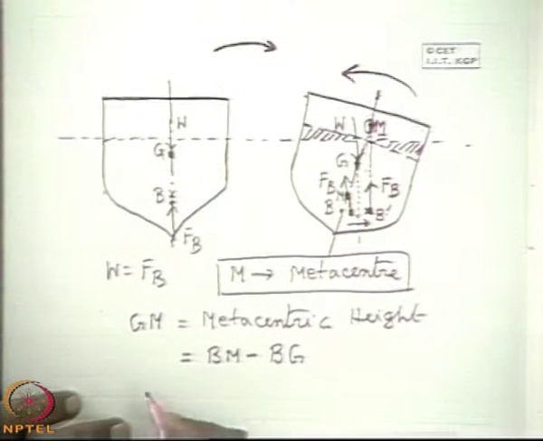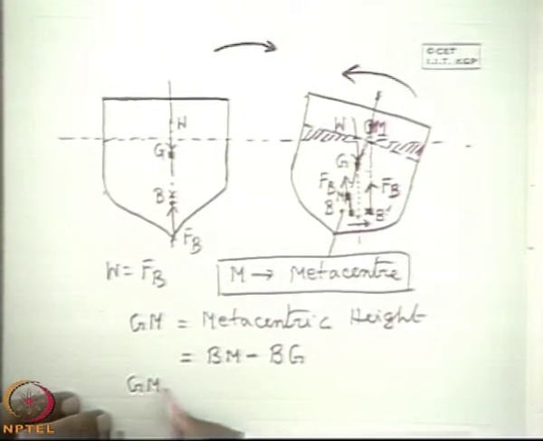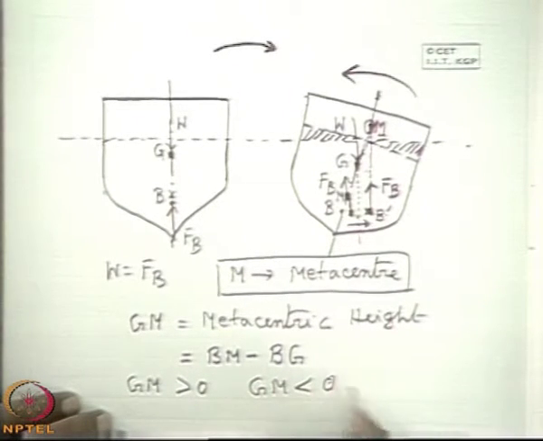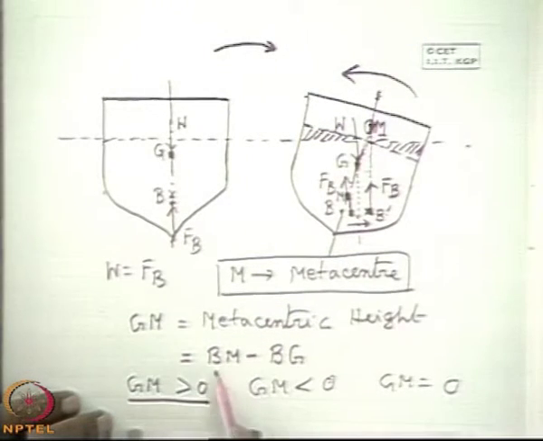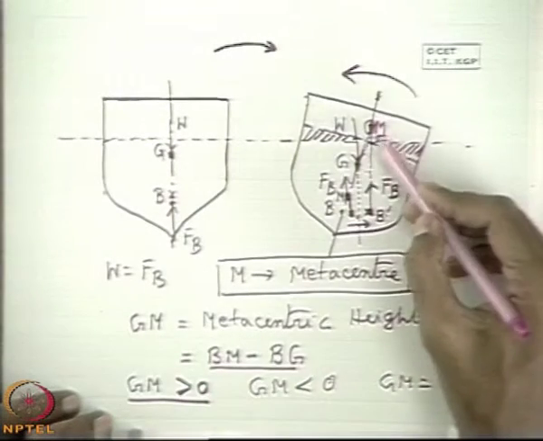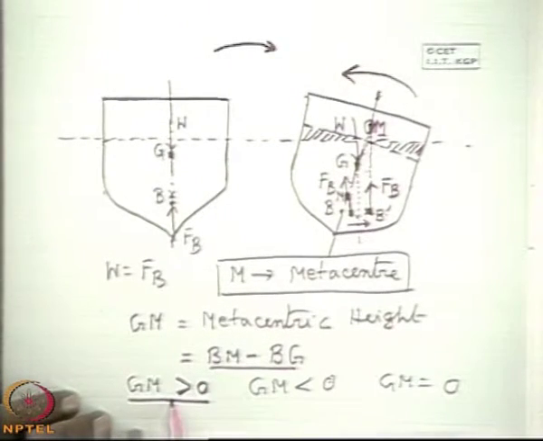That means we have three cases: GM greater than 0, GM less than 0, and GM equal to 0. When GM is greater than 0, the metacenter is above the center of gravity. By this formula, BM minus BG greater than 0, M is above G and the body is in stable equilibrium.